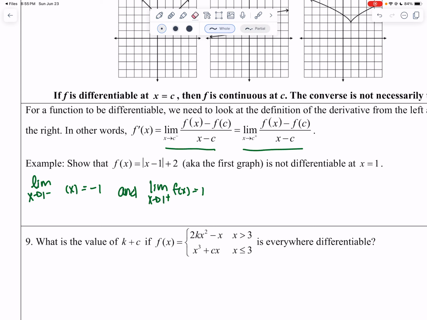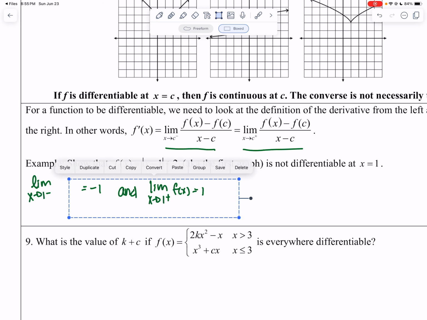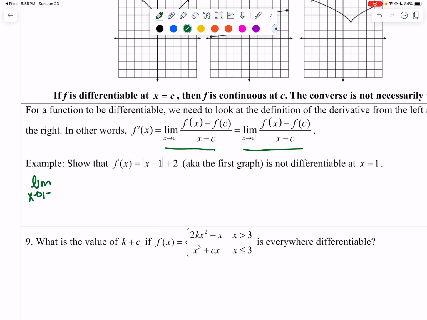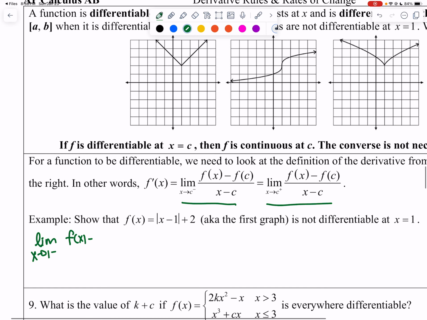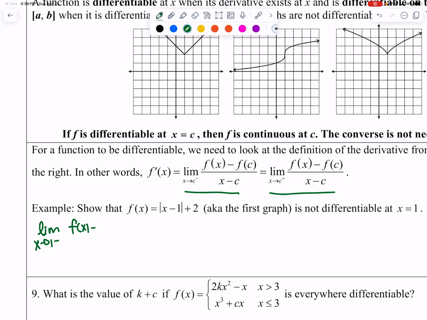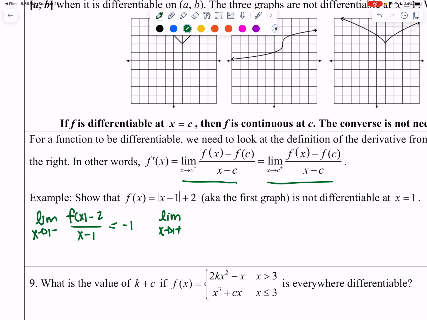Sorry, let me rephrase that. It's not the limit of the function, but the limit of the derivative. So the limit as x approaches 1 from the left of the limit definition of the derivative, f of x minus 2 over x minus 1, is equal to -1. And the limit as x approaches 1 from the right of that same difference quotient is equal to 1.